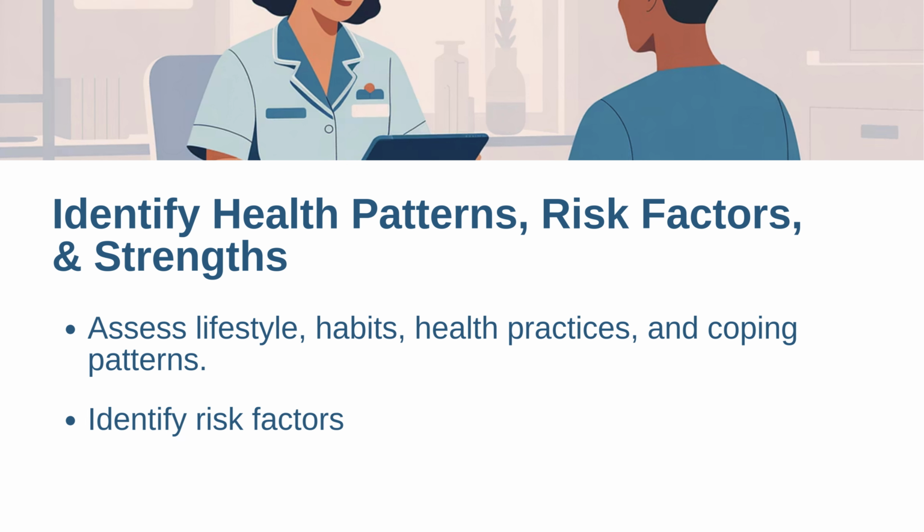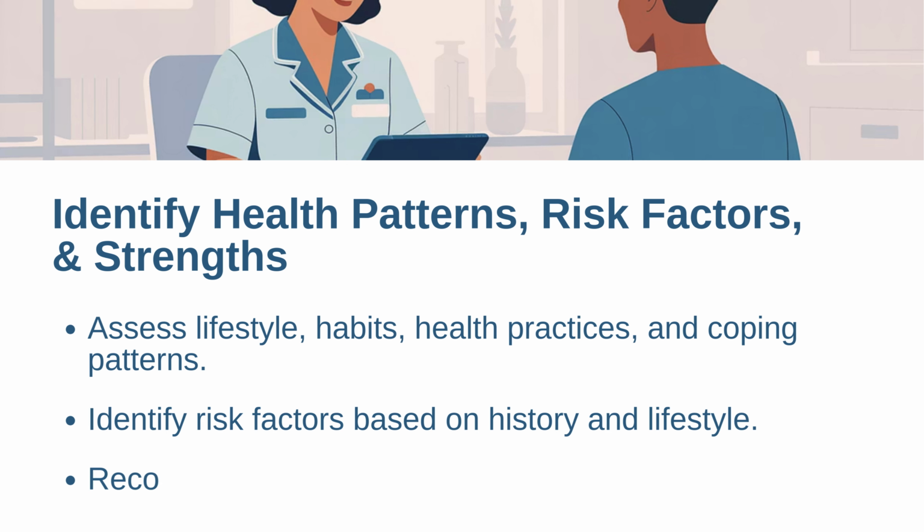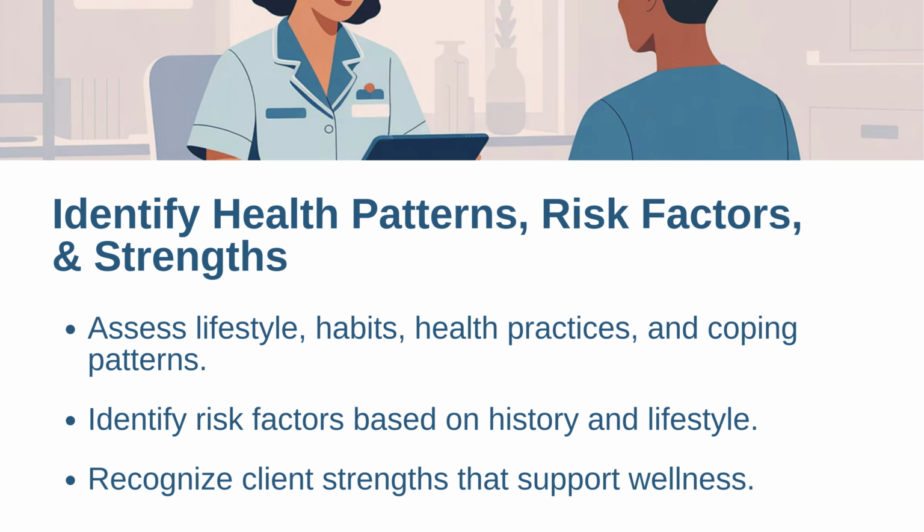Identify risk factors based on history and lifestyle. Risk factors help guide prevention strategies. Recognize client strengths that support wellness. Factors like strong family support and your client's desire to get better could be used to your client's advantage in promoting health.